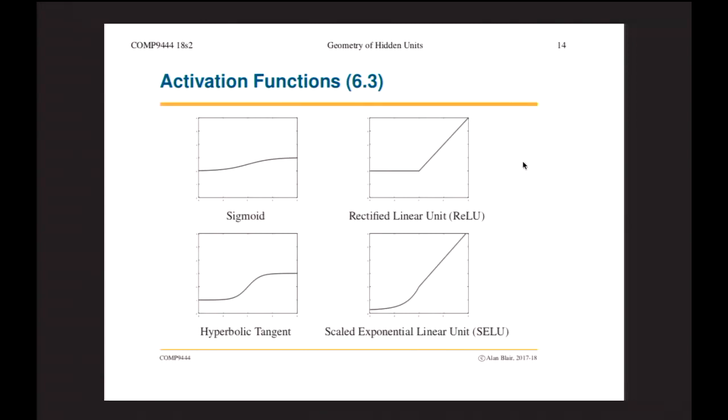When you first see this, it looks a bit crazy, because you can see it's not differentiable at that point, and there's a risk that if too many hidden units end up in this region, they could become kind of dead.